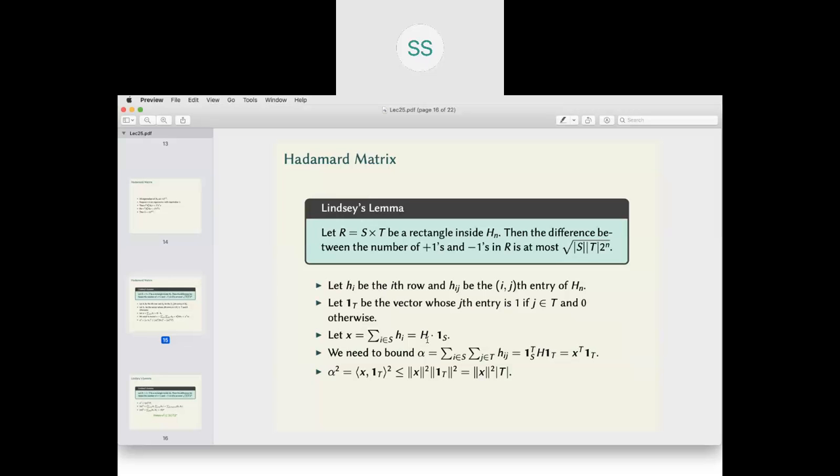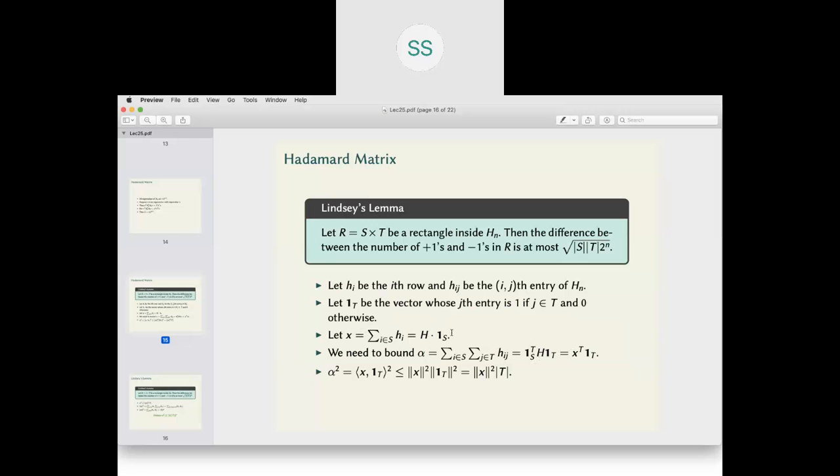But now we can see this as 1 subscript S transpose H 1 subscript T. This is because the first 1 subscript S picks out all the rows which belong to S, and 1 subscript T picks out all the columns that correspond to T. And since H times 1 subscript S is already defined as x, now we can replace this part by x transpose.